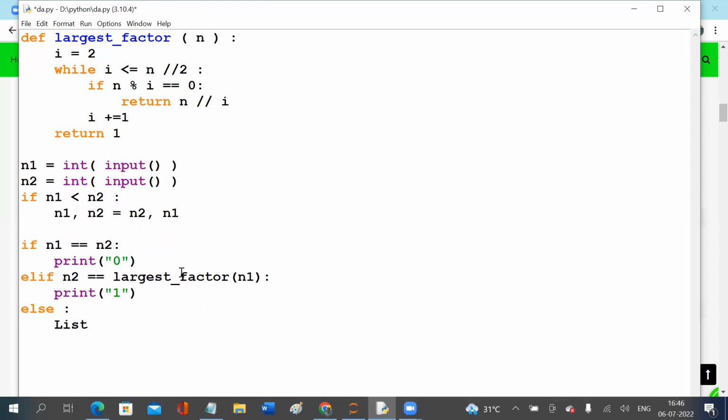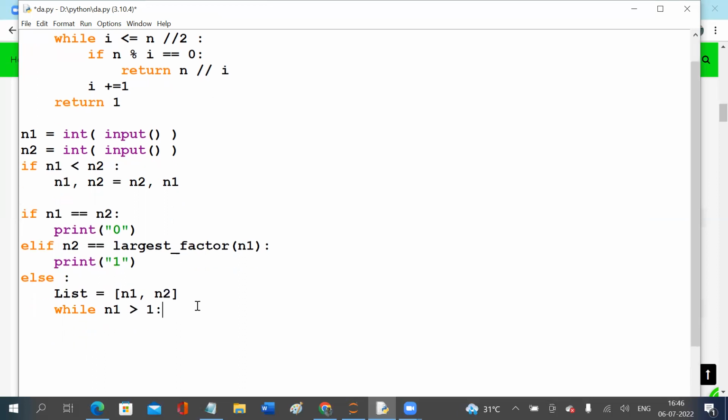create a list, add n1 and n2 to it. While n1 is greater than 1, get all its factors. How to get factors?